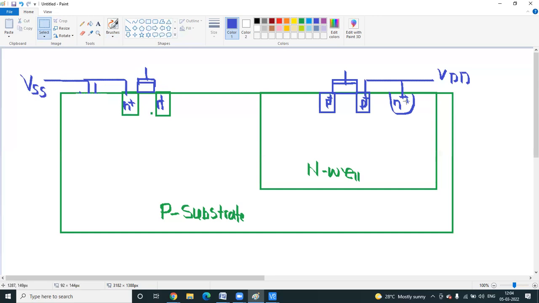First case, without tap, there is a latch up error. So how do we understand that it is a latch up error? You see this is P plus.